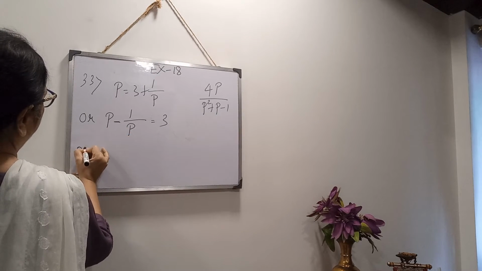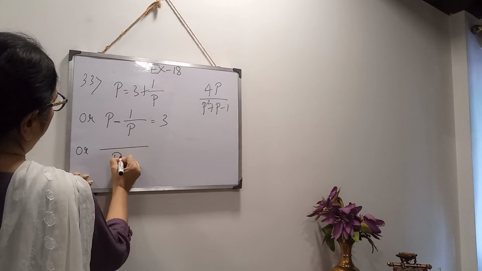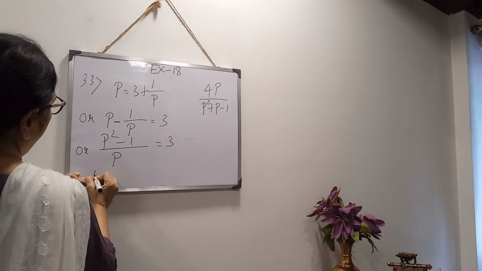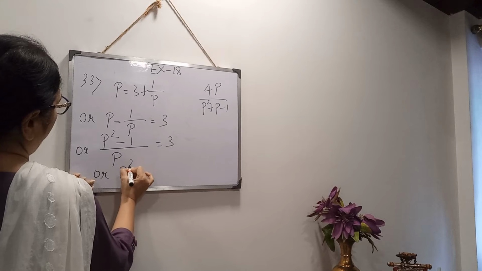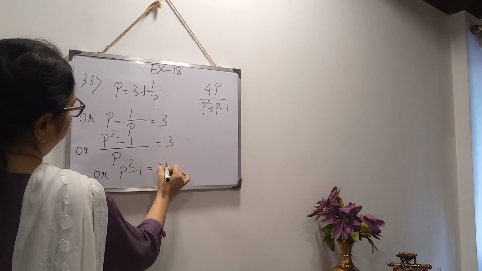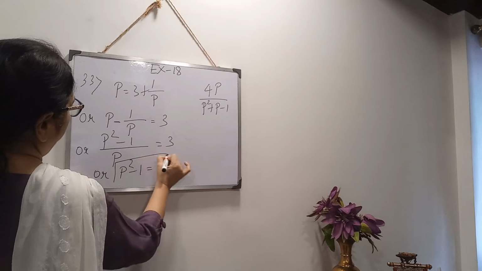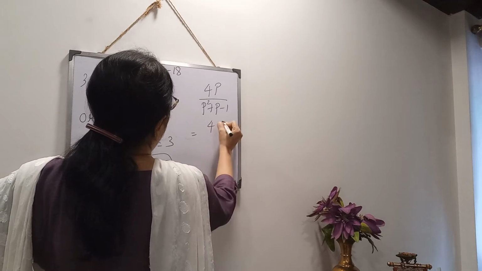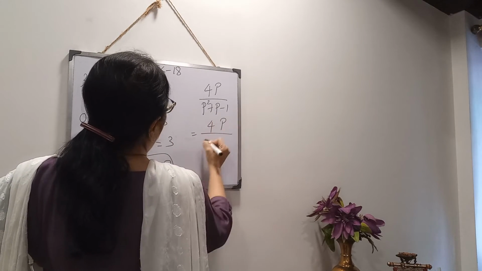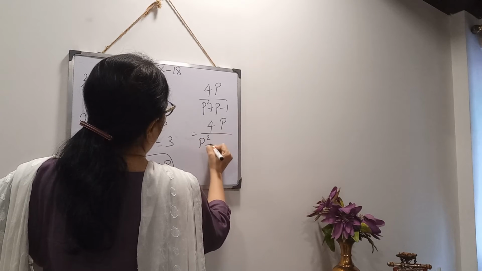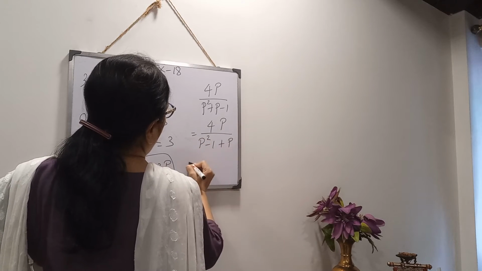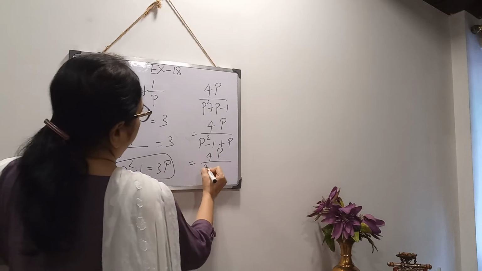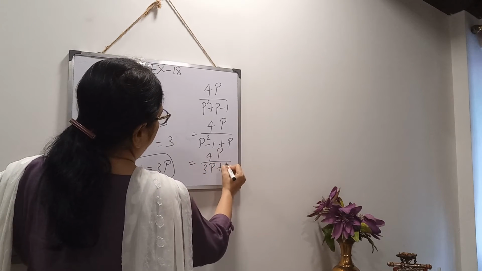Here not addition, here subtraction. So take the LCM, p square minus 1 equals 3p. Next step, cross multiply. Now keep it in a box. Here 4p. Now p square minus 1 write together plus p. p square minus 1, 3p plus p.